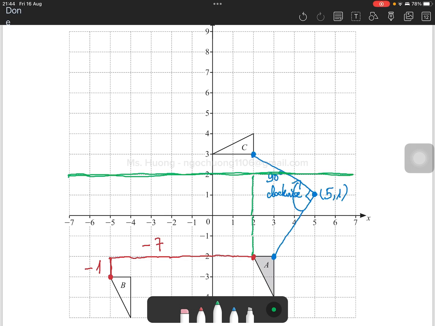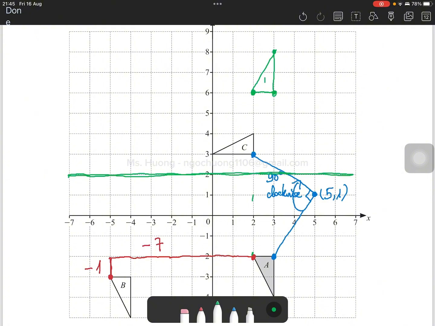So we continue to move on 1, 2, 3, and 4 units. So the image of A will be here. I'll remove the lines. So we see that the image of A will be here. This is the reflection of shape A in the line y equals 2.